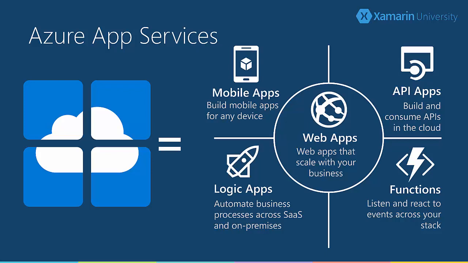We're going to focus predominantly upon mobile apps as we move forward because we're talking about Xamarin applications. But be aware that you can build these other styles of applications on top of Azure App Services as well, scale them up or out manually or automatically, host them anywhere inside of Microsoft's data center, and get a full SLA to guarantee uptime.